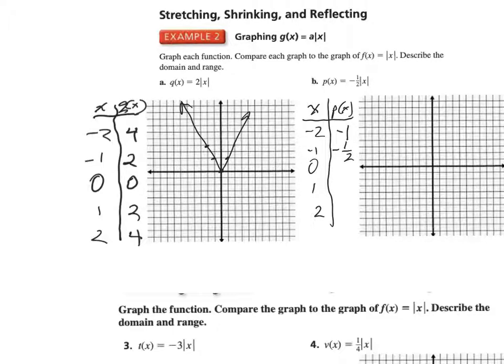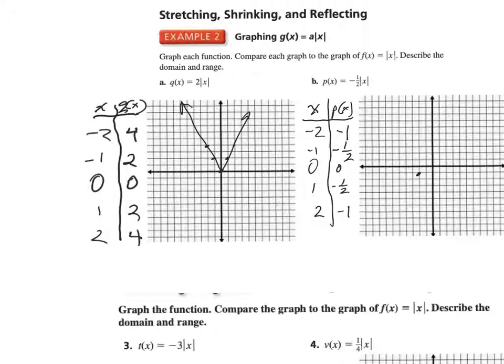I put a 0 in there, and I'm going to get a 0. And what do you think the next 2 numbers are going to be? Negative. -1/2 and -1. Right? They just repeat. Yes, for this graph. So let's go -2, -1.